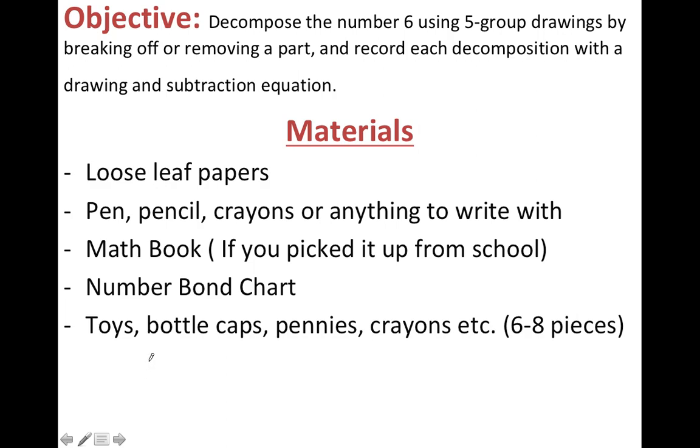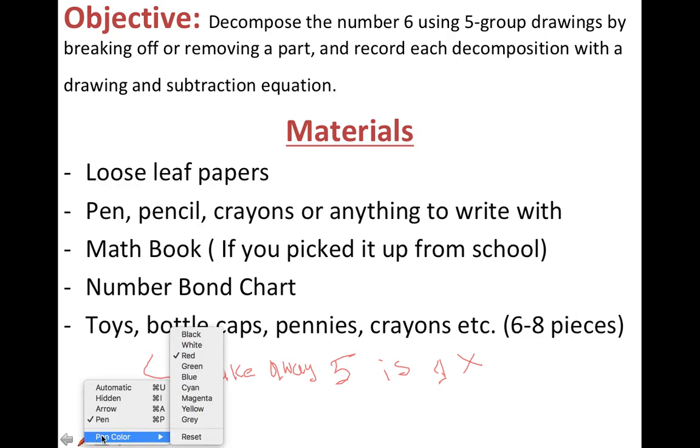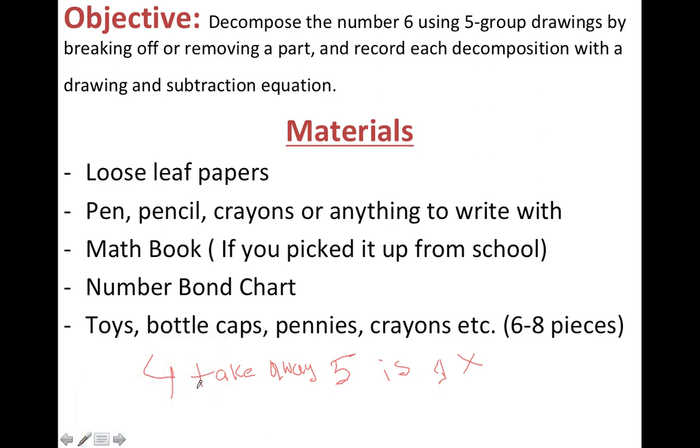On the previous videos, I would write in the math way 4 take away 5 is 1. This is incorrect. Again, this is incorrect. I'm going to change the color to blue to show you which one is correct, which one is incorrect.